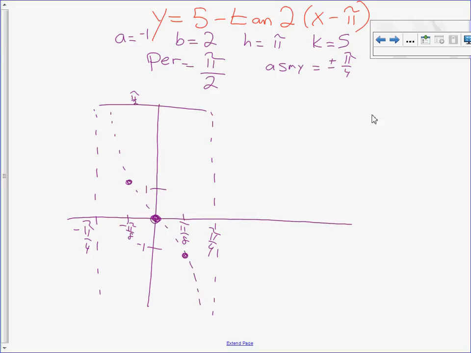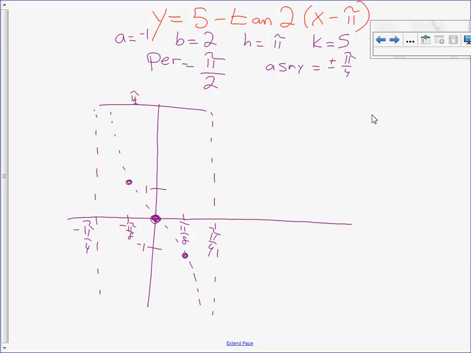Now in this example, I'm going to show you how I would do this if I'm just writing out ordered pairs. So your original ordered pairs are at negative pi over 8 and 1, 0 and 0, and then pi over 8 and negative 1. Your asymptotes are at negative pi over 4 and pi over 4.